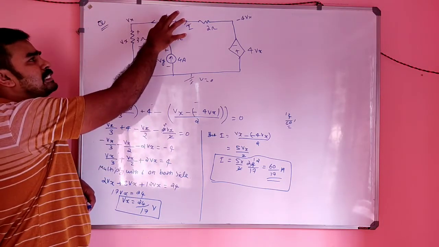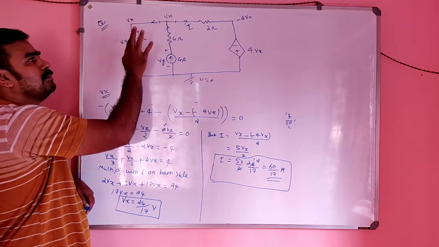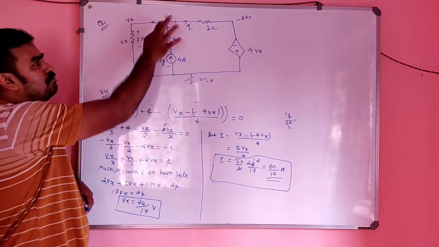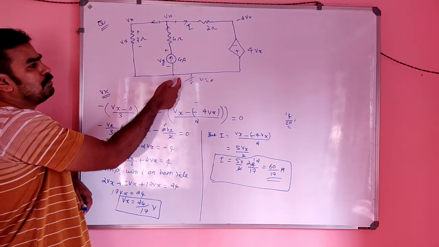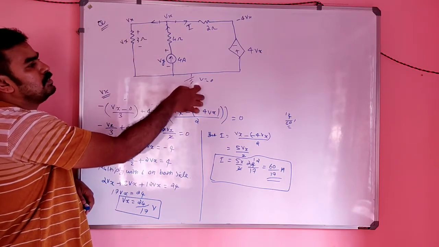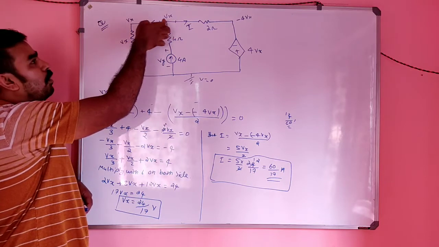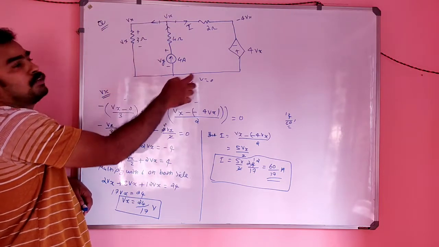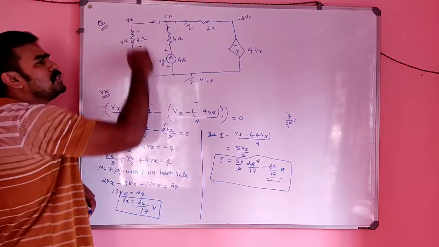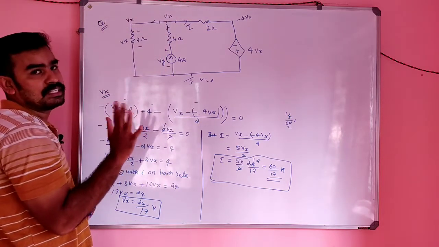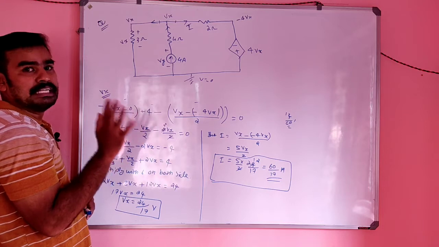If you simply take it as minus Vx by 3, suppose you take it in reverse manner, 0 minus Vx whole divided by 3, that is also equal, but you have to check the difference in potential exactly. Is it clear?